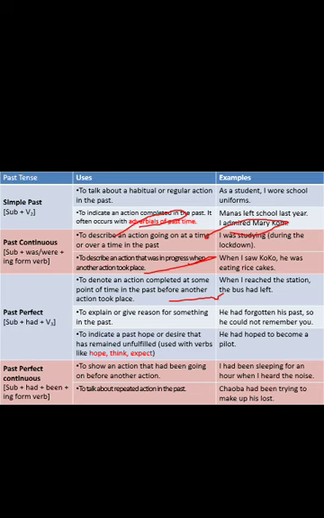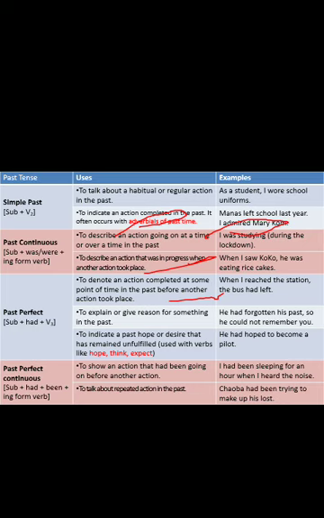But for these two actions, we can distinguish which action took place first and which took place later.